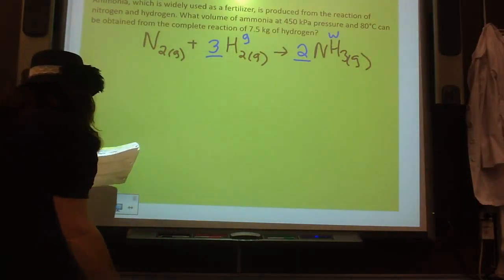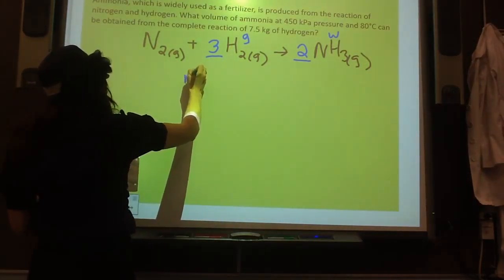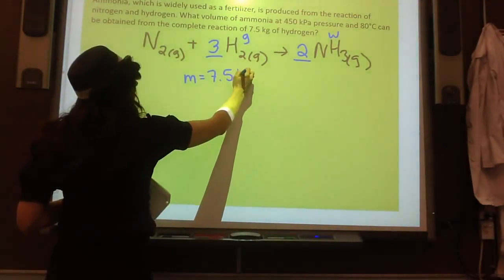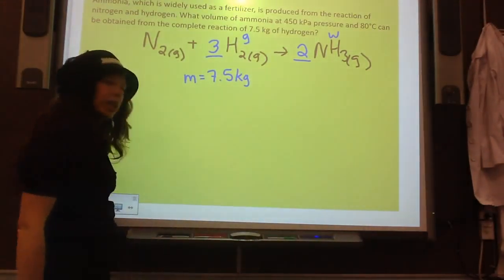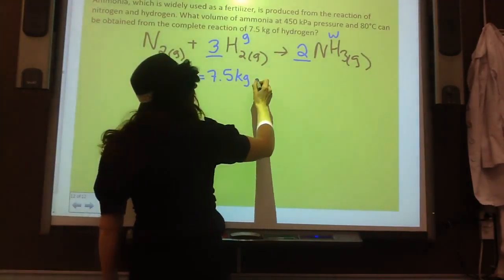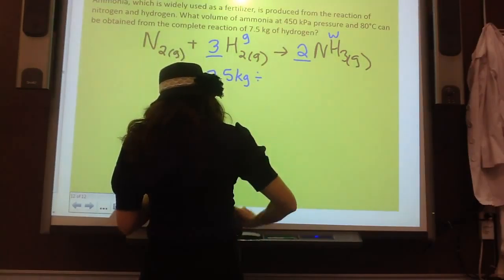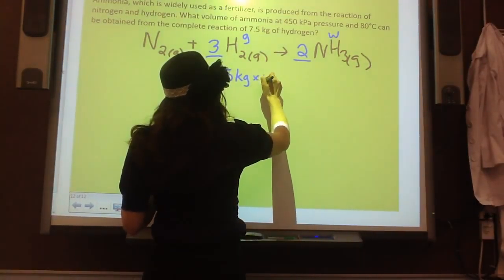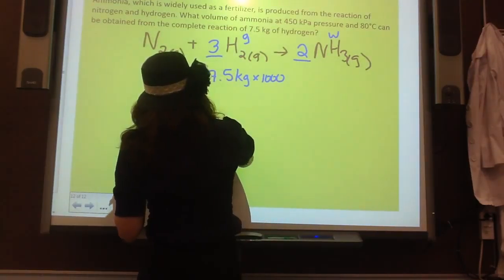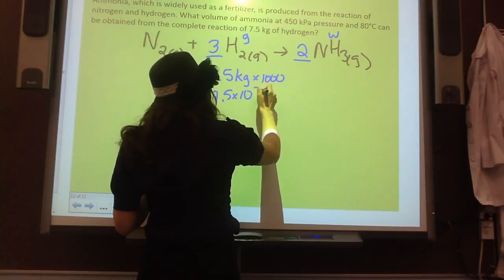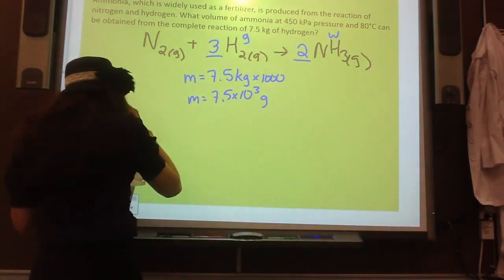So let's start this. Our mass is equal to 7.5 kilograms. What should I put that into? Grams. Indeed. So times by 1,000, 7.5 times 10 to the 3 grams.